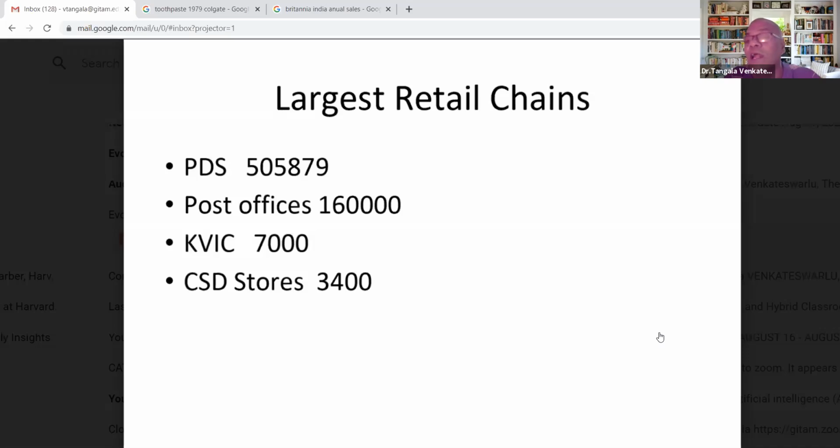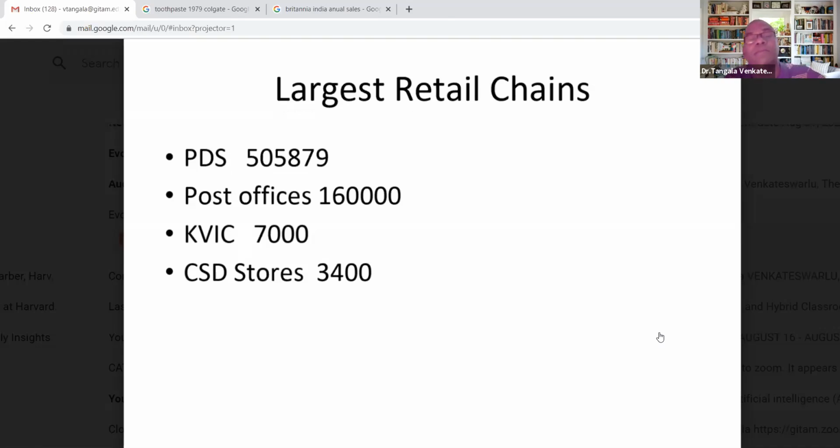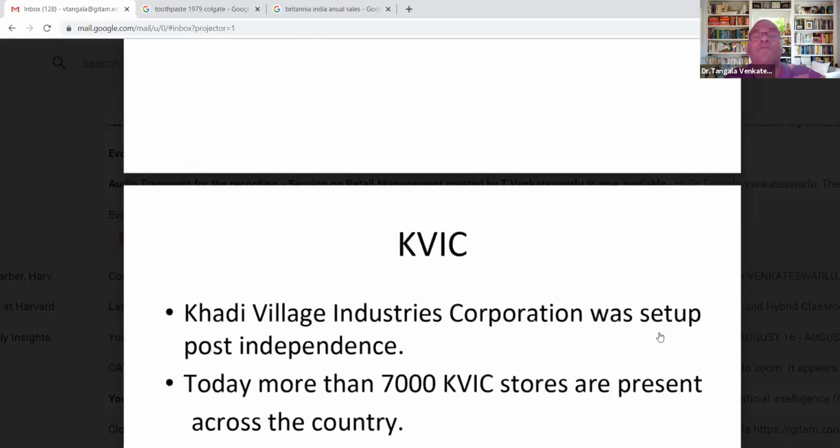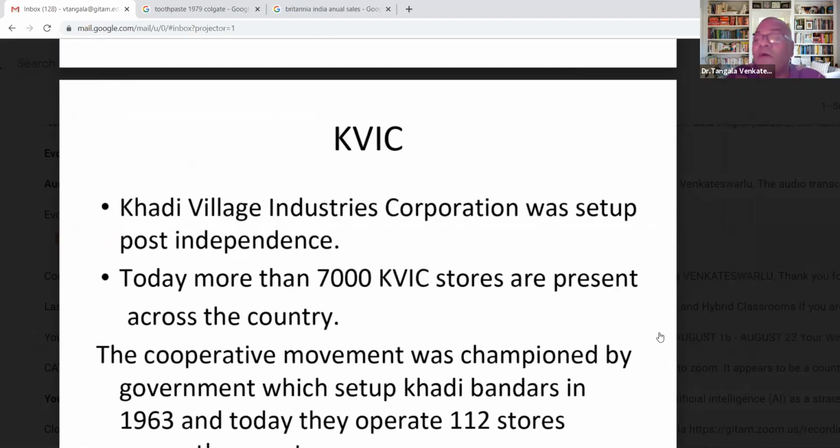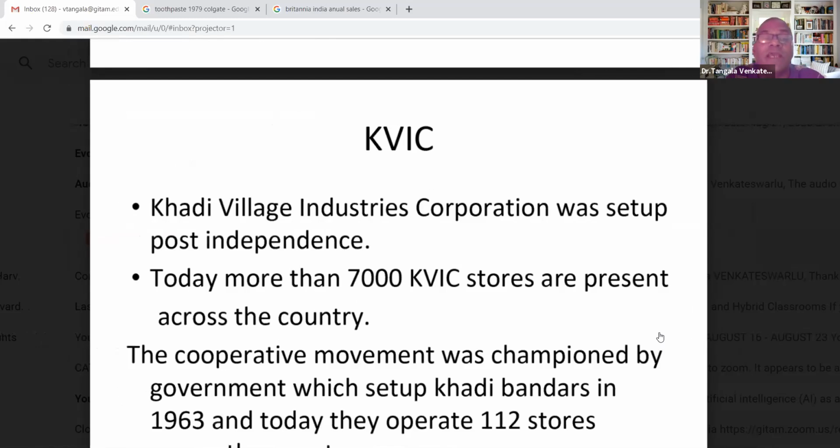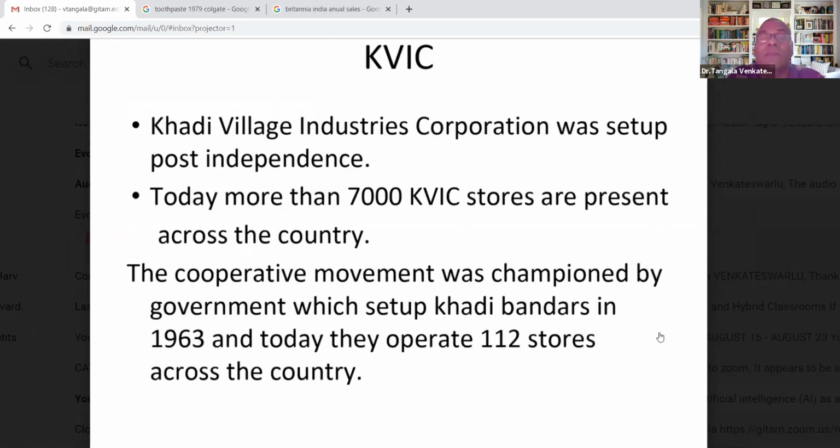If you go to Karnataka, you see a cooperative store called Mysore Silks. All these are part of KVICs. CSD stores are 3,400 in number, while Khadi Village Industries Corporation has 7,000 KVIC stores across the country.